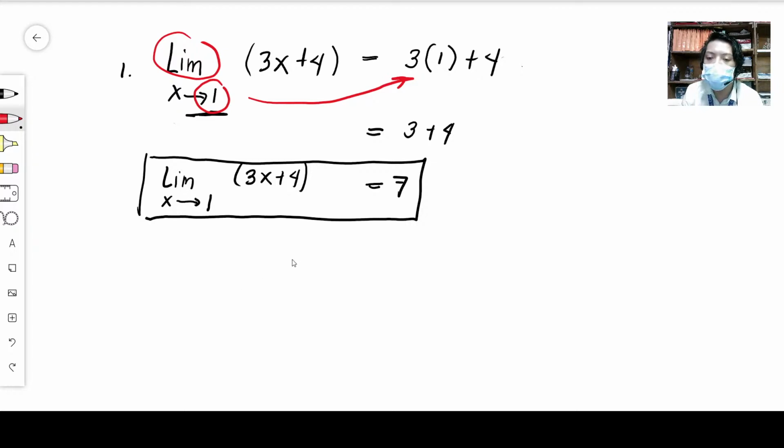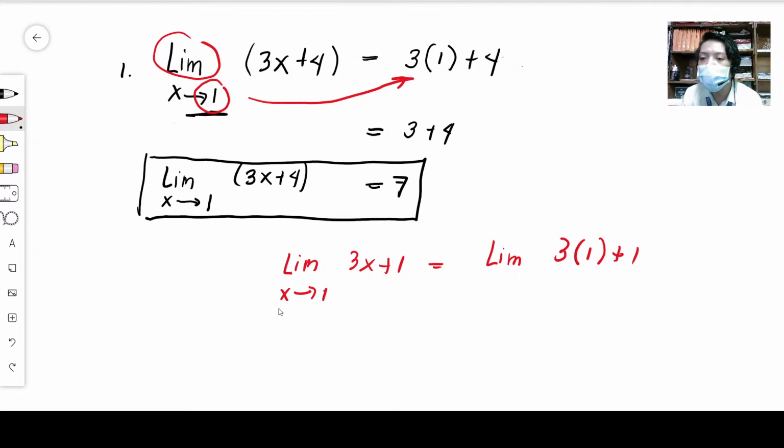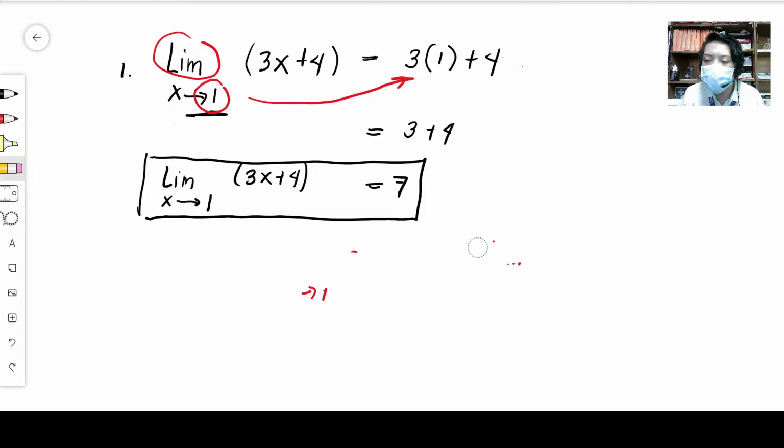Sometimes the student will write, for example, the limit of 3x plus 1 as x approaches 1, and then write the word limit again, then substitute 1 plus 1. This is very wrong. Once you substitute the number for x, the word limit should not be written anymore. So that's how you solve for the limit. It is just direct substitution.